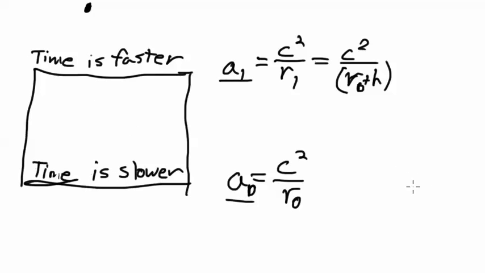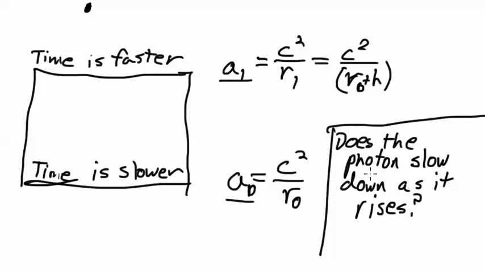Let's see. What I just said was that the photon slows down. So my question is, does the photon slow down as it rises? Because I already said that time is slower at the bottom of the elevator and time is faster up here.